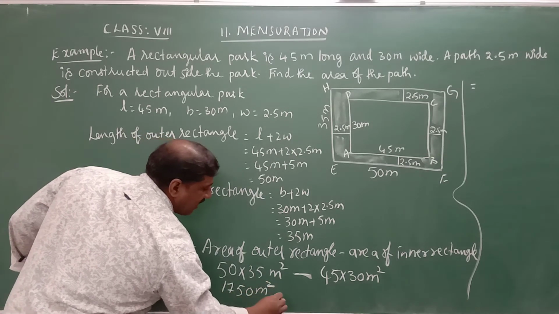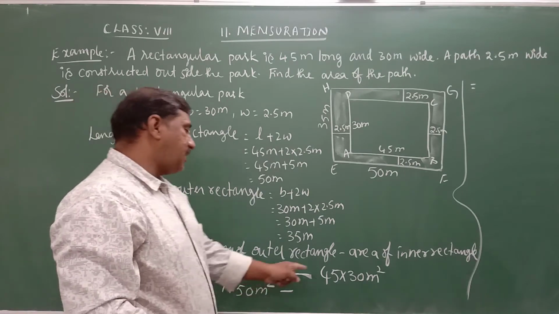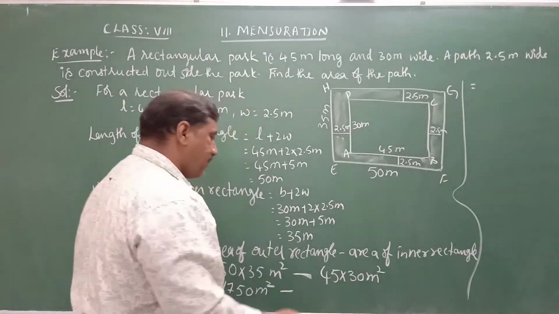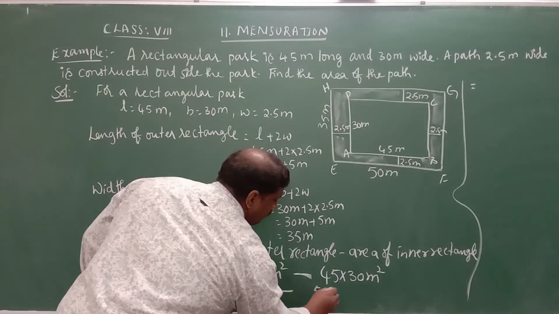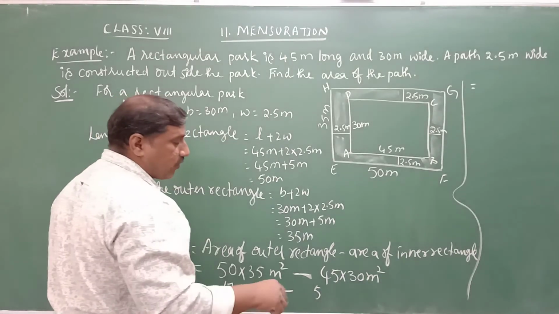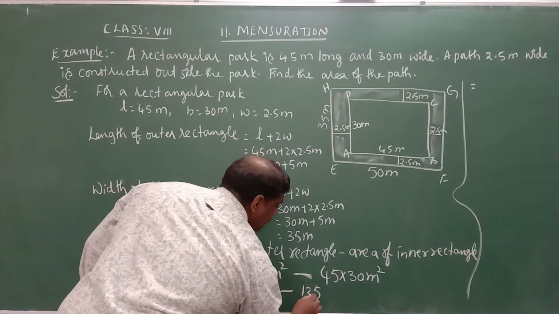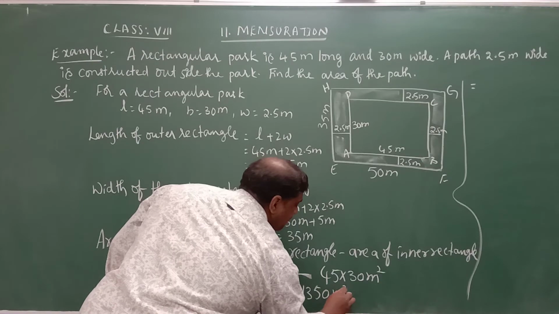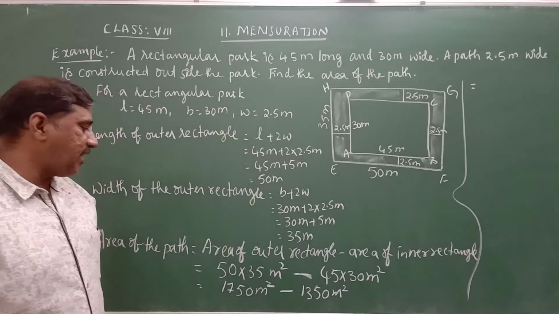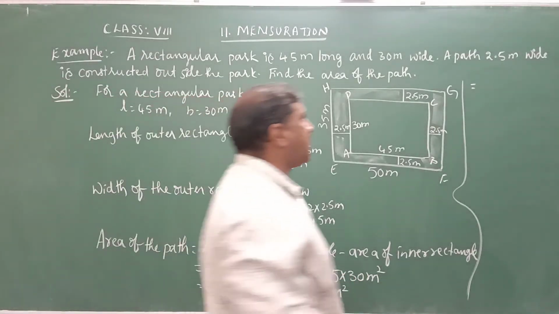That is 1750 meter square, minus 45 into 30: 3 5s are 15, 1 is there. 3 4s are 12, 12 plus 1 is 13. That is 1350 meter square. So 1750 meter square minus 1350 meter square.